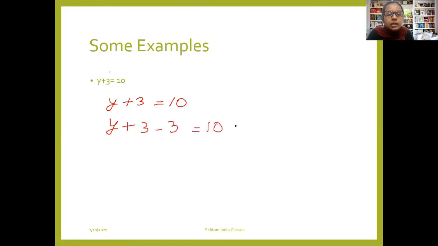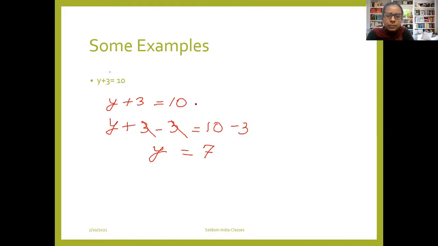If I do something on both sides, it will not affect the equality sign. If I subtract 3 from this side and this side also, then the equality will exist because we are performing the mathematical operation on both sides. So here 3 and 3 cancel, y equals 10 minus 3, 7. This is how you solve a linear equation.